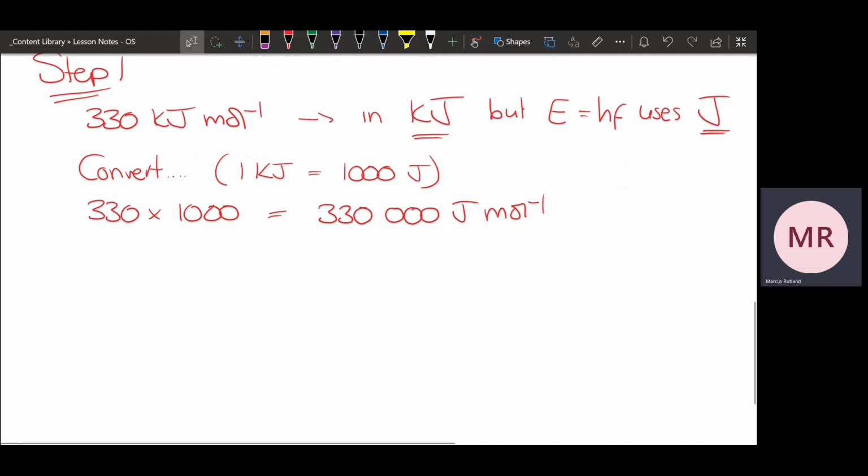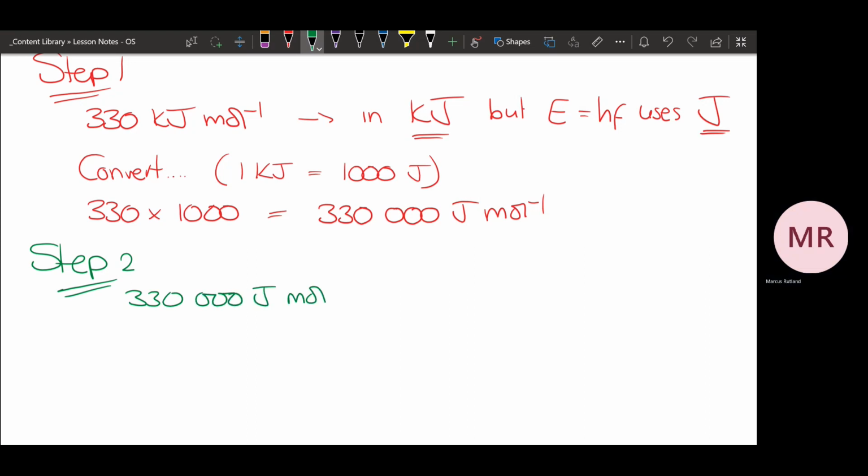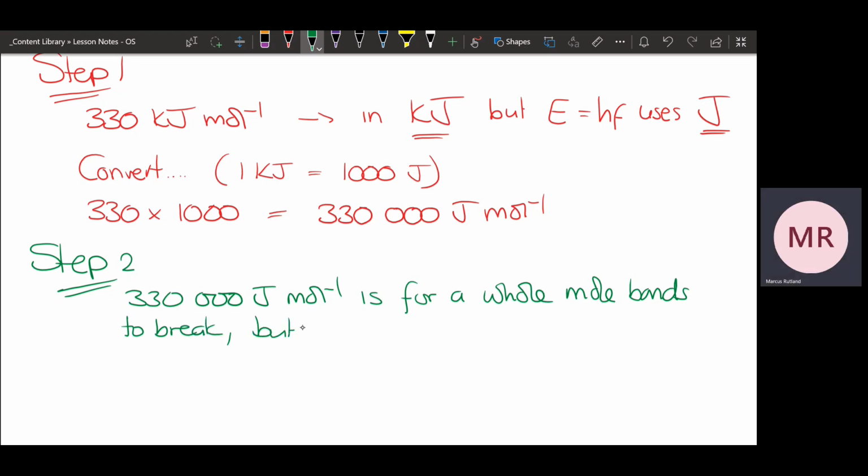But there's more work, unfortunately, before we can use E equals hf. Step 2, the 330,000 joules per mole is for a whole mole of bonds to break. But each photon only breaks 1 bond.